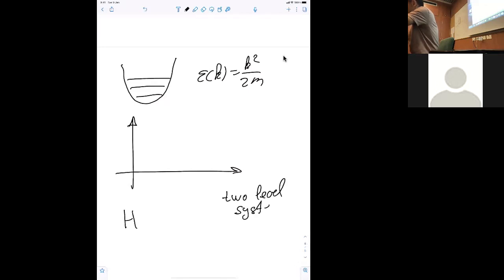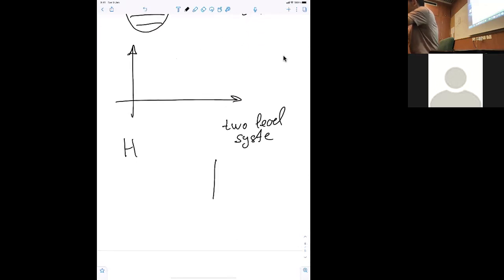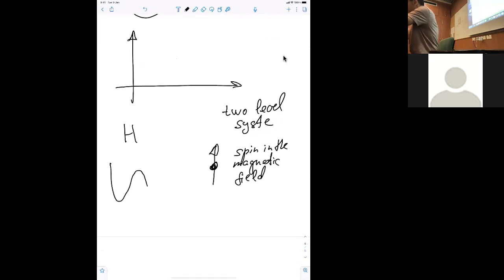A two-level system can be a spin placed in a magnetic field. Or it can be a double well, with two levels that have nearly equal energies.